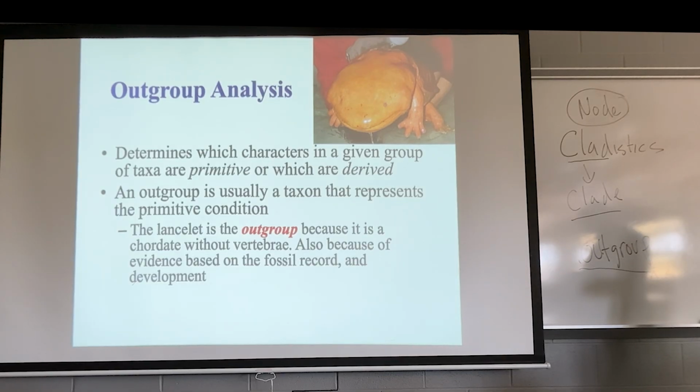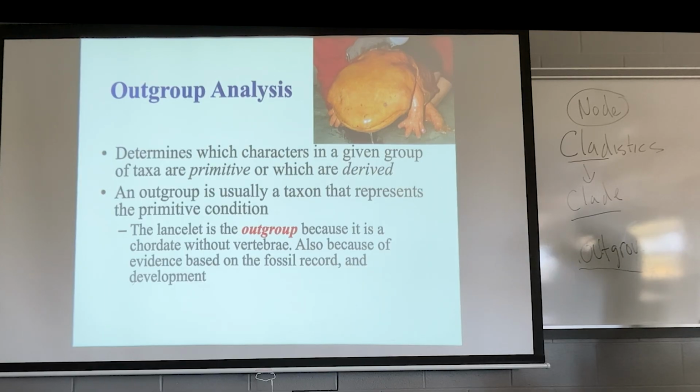Okay, so a great example of this is a little organism that's called the lancelet, which is a chordate. You are a chordate. So we're a chordate with a backbone. So for vertebrates, a great outgroup for vertebrate phylogeny is the lancelet because it has all the chordate characters we do, but it doesn't have a backbone.